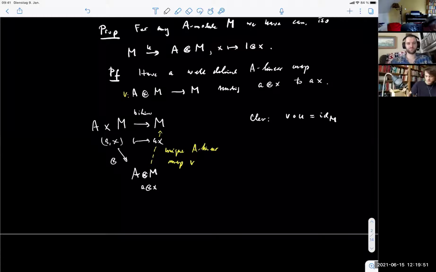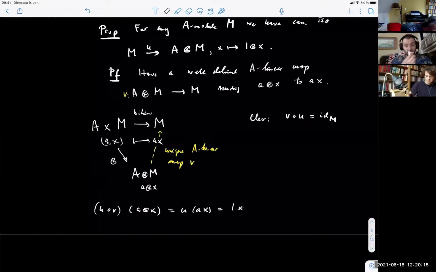So now maybe I do it here. U after B. Now I see what I do on this generator A tensor X. Let's just calculate it. This is U of B of A tensor X, which is U of AX. And what is U of AX?